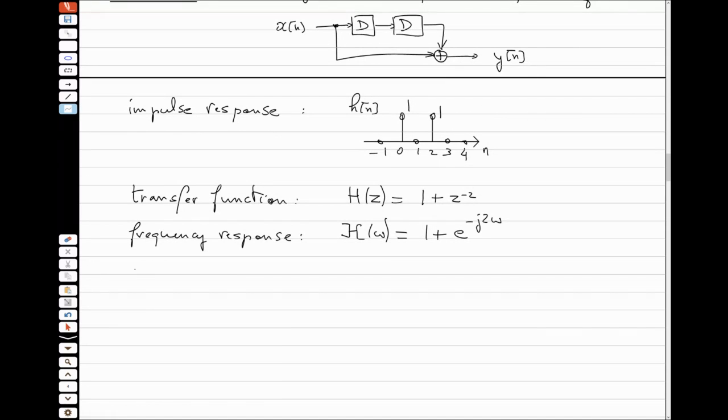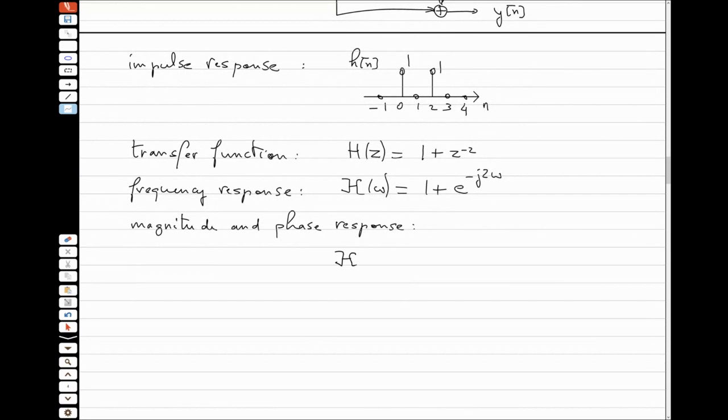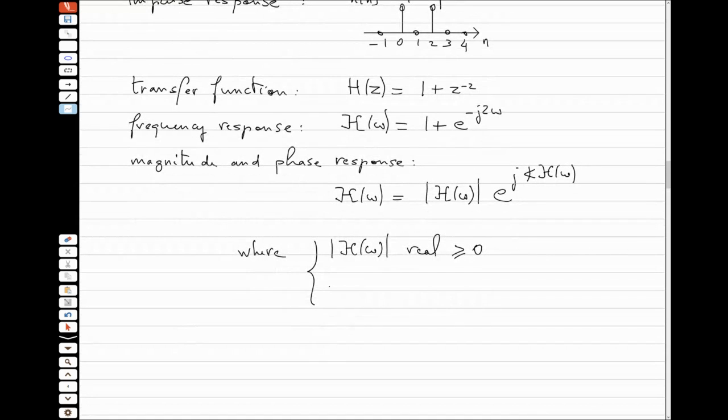Now, what is the magnitude and phase response? So you remember that H of omega is expressed in terms of its magnitude and its angle using this expression, where the magnitude of H of omega is real non-negative and the angle of H of omega is real, but typically we assume between minus pi and pi.